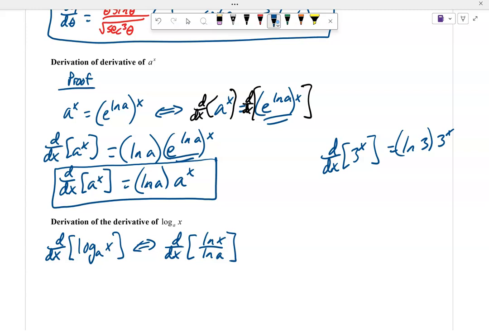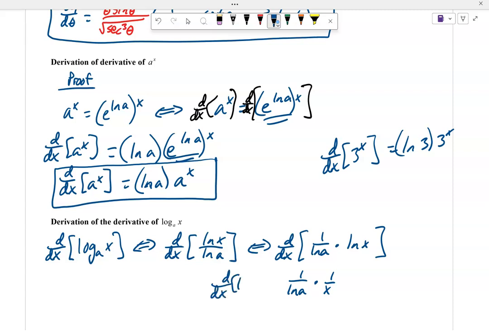Let me rewrite that another way. You have 1 over ln of a, that's just a number, times the ln of x. So the constant stays there when you take the derivative, and then you take the derivative of the natural log, which is just 1 over x. So the derivative of log base a of x is 1 over ln of a times 1 over x.